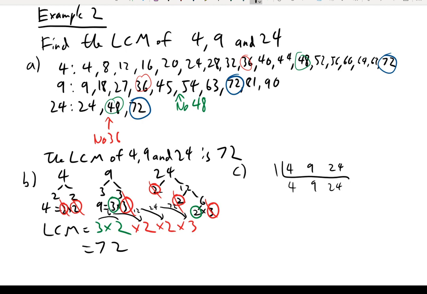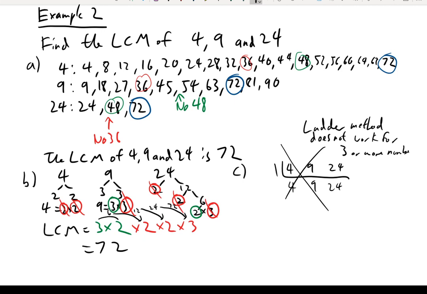It's going to be double of 72. So sometimes the ladder method does not work for 3 or more numbers.